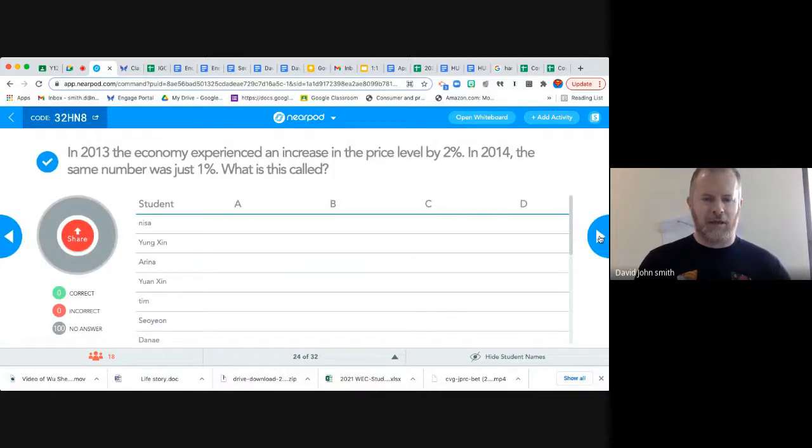Right, here we go. In 2013, so I know a little while ago, the economy, we're saying America, experienced an increase in the price level by 2%. In 2014, the same number was just 1%.